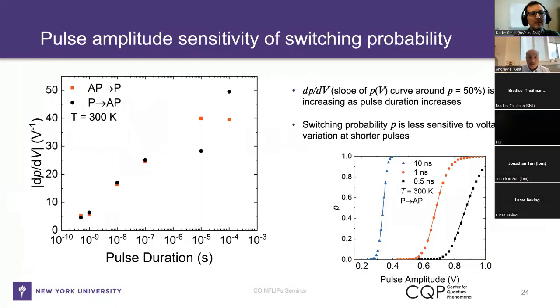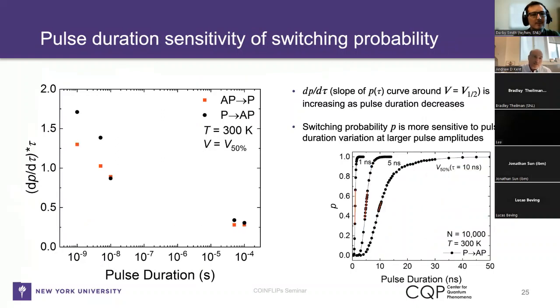We've also looked at sensitivity to other things, like how accurately you can control the pulse amplitude. This also turns out to be favorable for short pulses, because the switching probability dP/dV is smaller for short pulses. It gets steeper as you apply longer duration pulses. And we've also looked at the sensitivity to pulse duration variations, delta t over t.